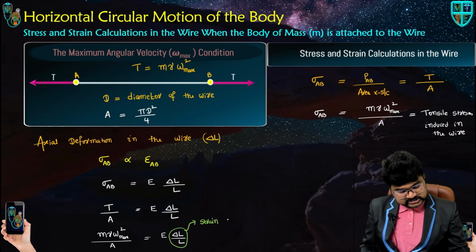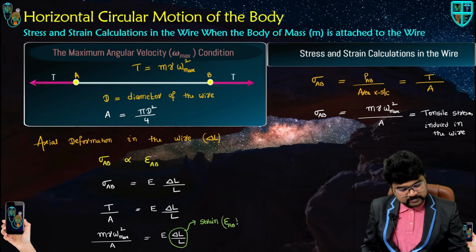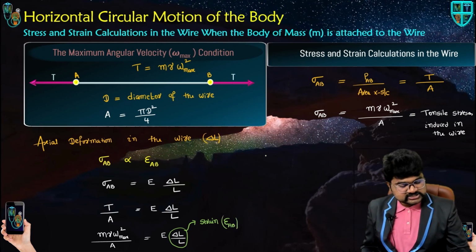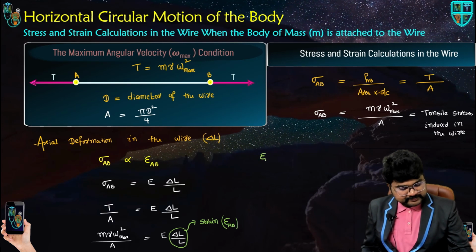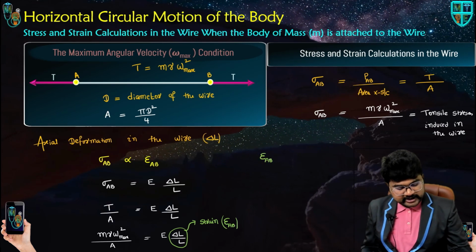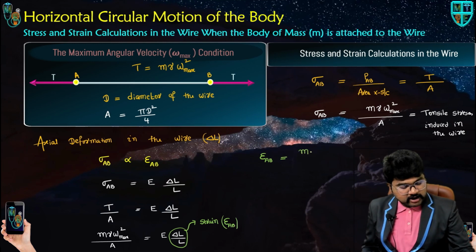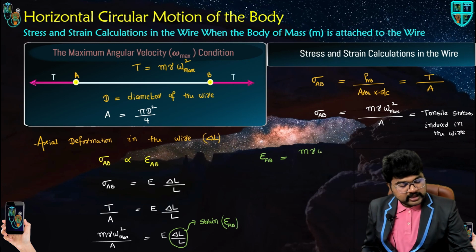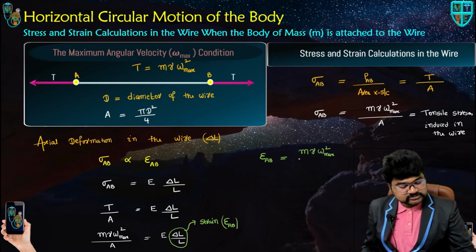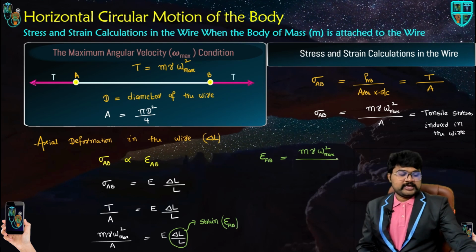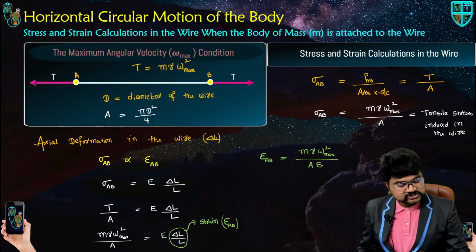Understood now? So finally, what is the strain? Strain in the wire equals m r omega maximum square by area into Young's modulus.